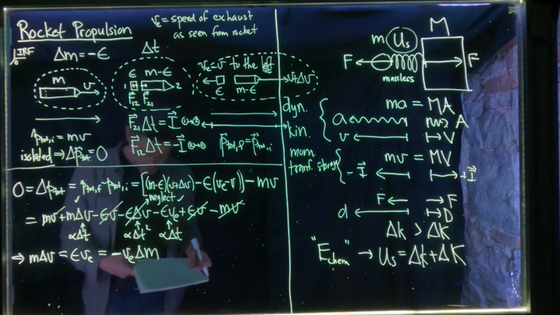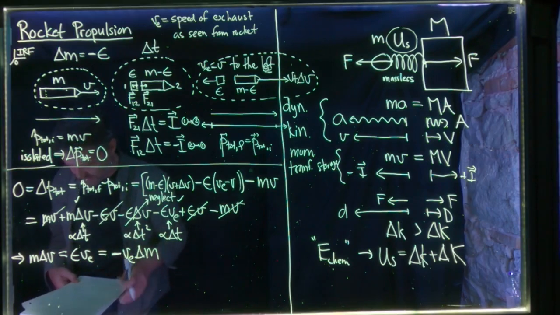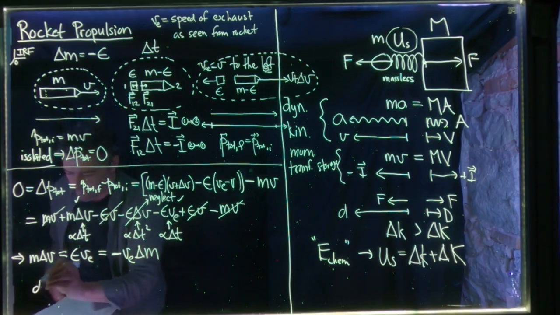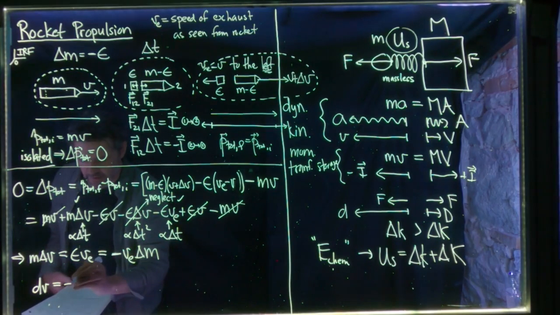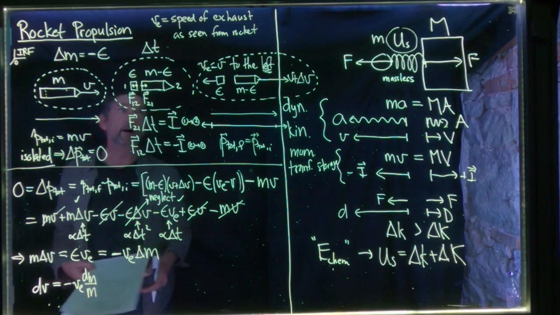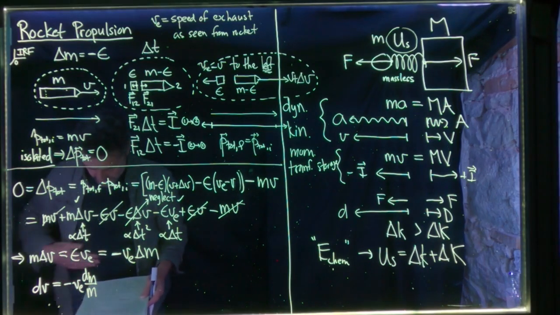Take this equation and divide both sides by m. And so we can write this nicely as dv is equal to negative VE times dm divided by m. So that's our basic calculus result.